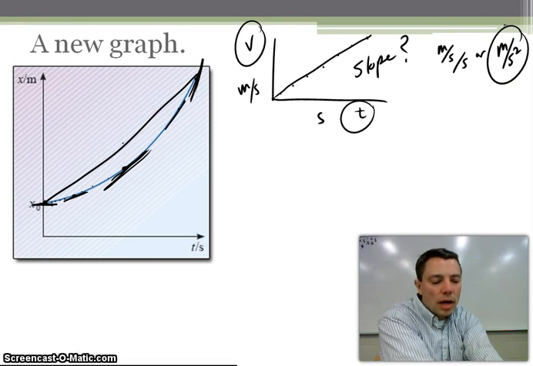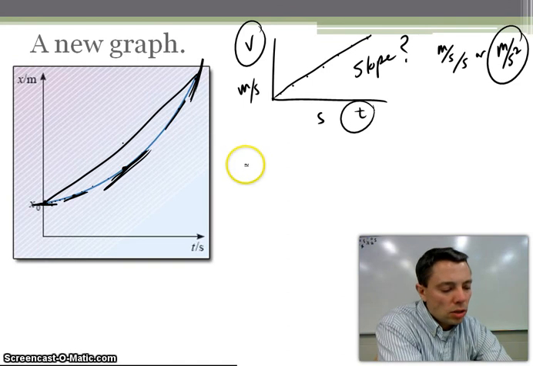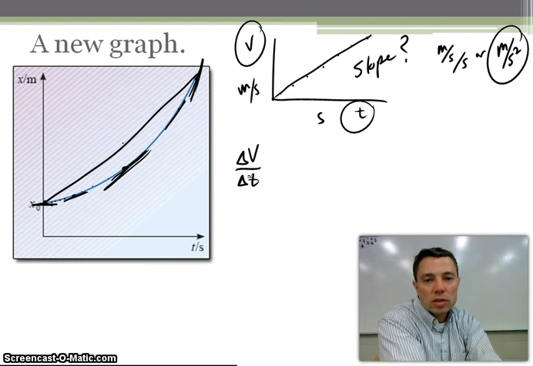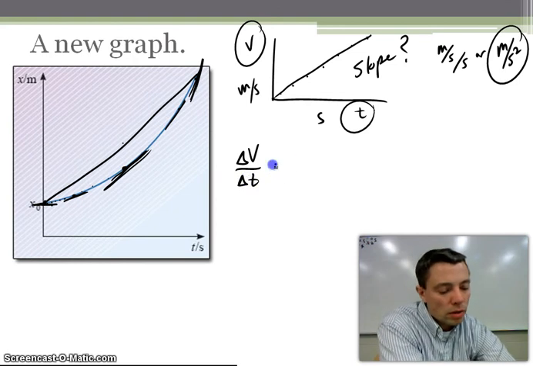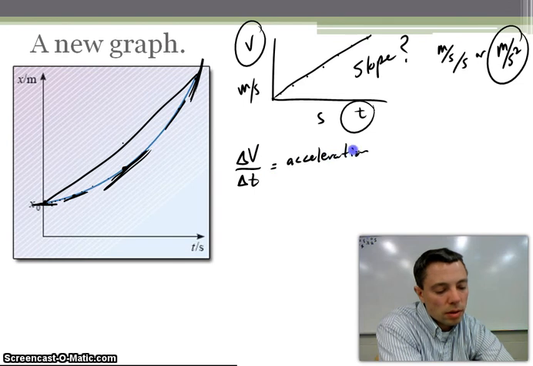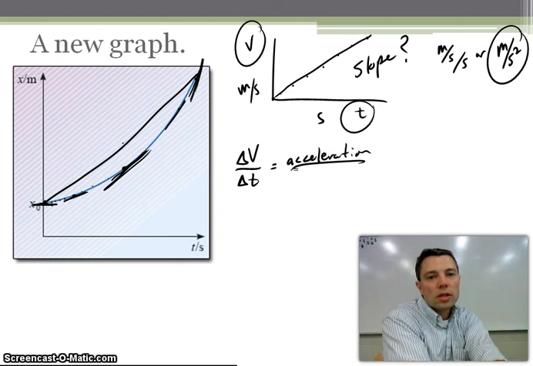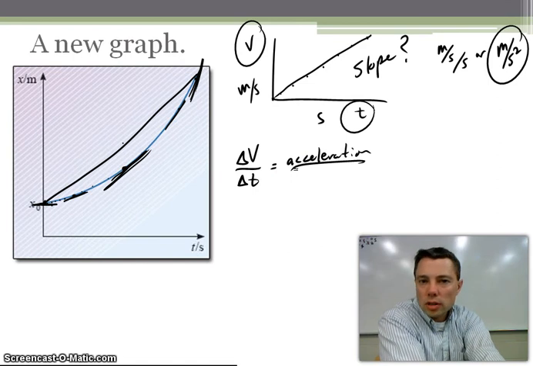And it says that we now have a change in velocity over a change in time. That's how I find my slope. Let's call this acceleration. It's the change in my velocities over a change in time.